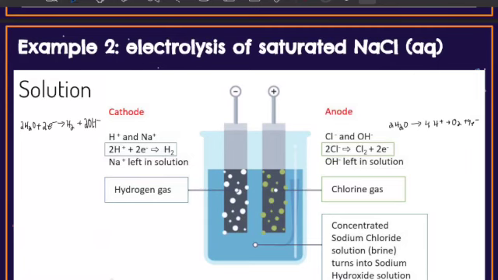All right, and just to quickly review that idea one more time in a little bit of a simplified diagram. So when I have saturated NaCl or brine, at the cathode, my two options are either water or Na plus getting reduced. Here they're just simplifying. They're showing H plus getting reduced instead of showing the full water equation.